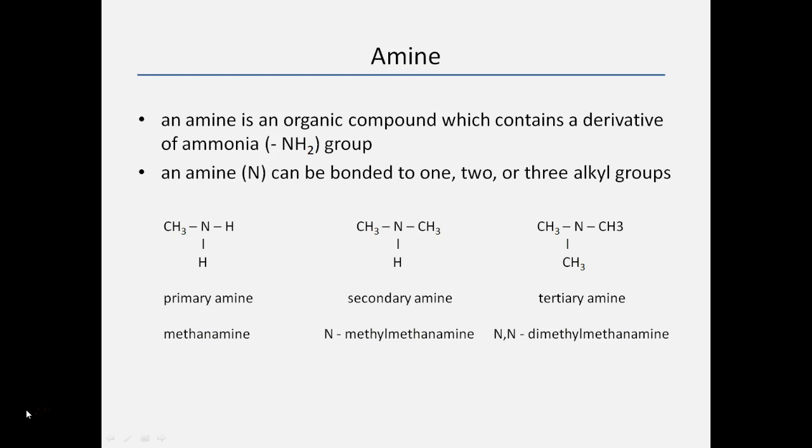Depending on how many acyl groups or carbon chains are bonded to it, that determines our type of amine. It's important to know the type of amine because that will help determine both its physical and chemical properties, which we'll talk about later. But the naming of them is relatively simple. We just have to take into account if we have a secondary or tertiary amine.